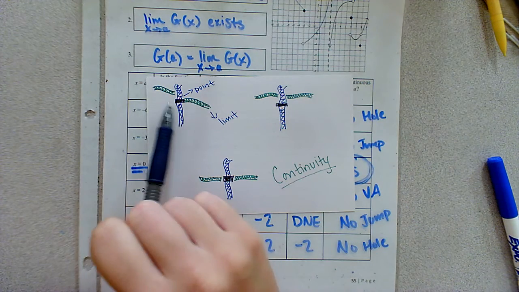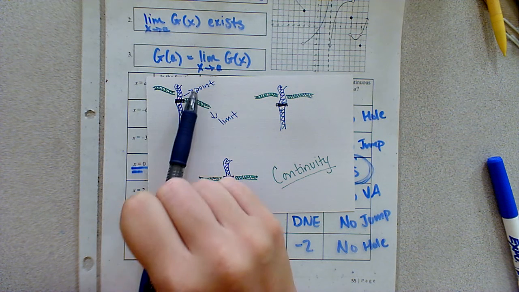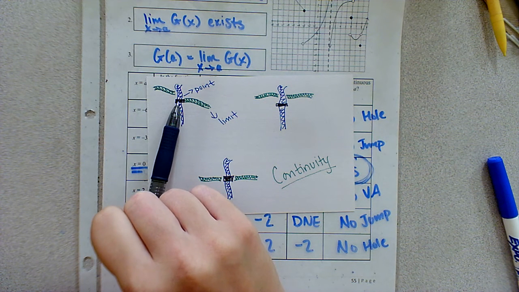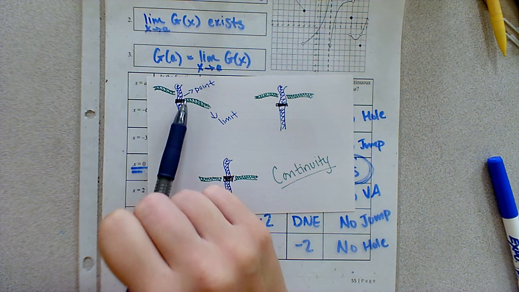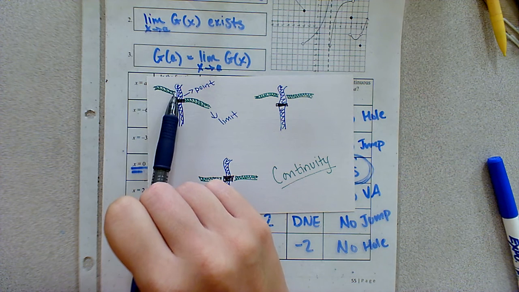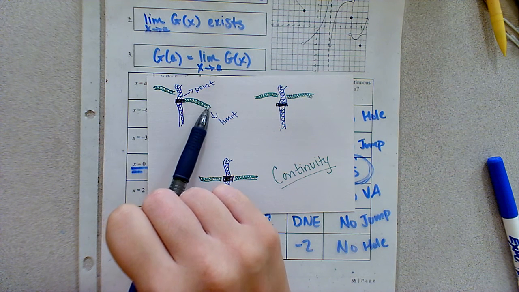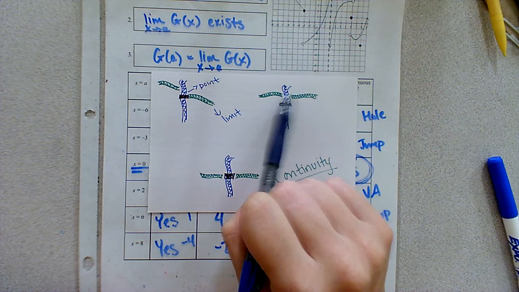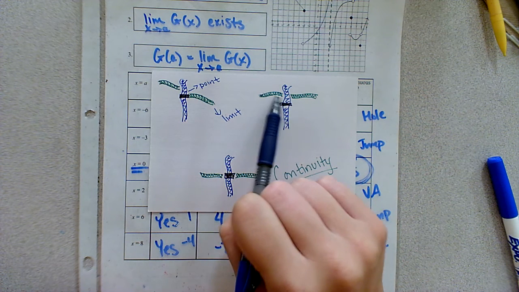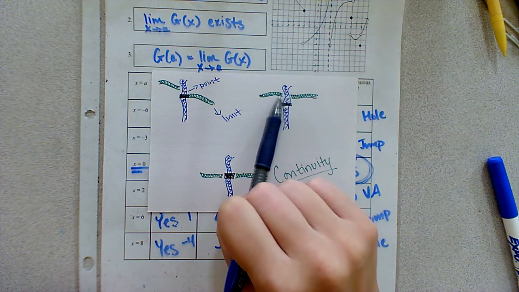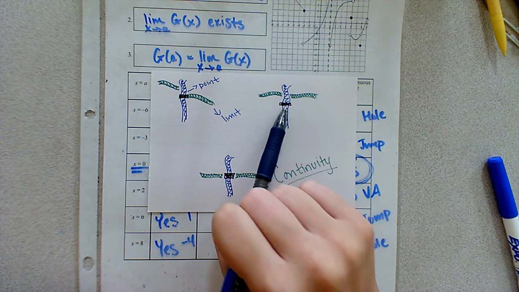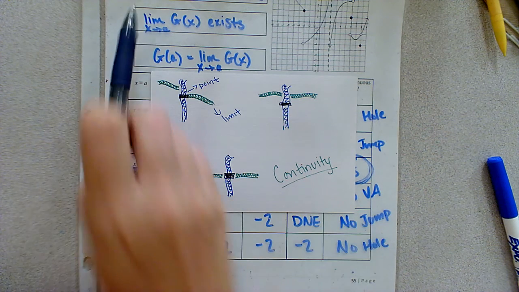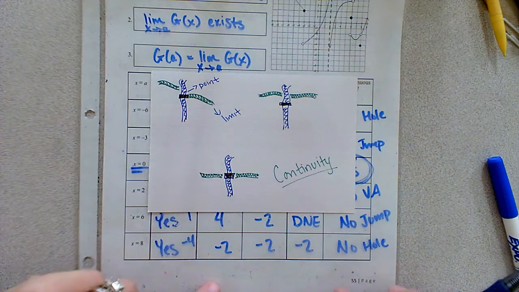Notice how in this first example with crossing our river, the point exists, so we have a bridge, but the limit does not exist. Notice how the left side of the road does not meet up with the right side of the road. In our next example, we have the limit existing, so the left side and the right side of the road meet up with each other, and the point existing, so that's qualifying statements 1 and 2 on our paper.